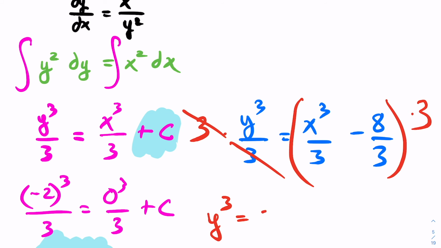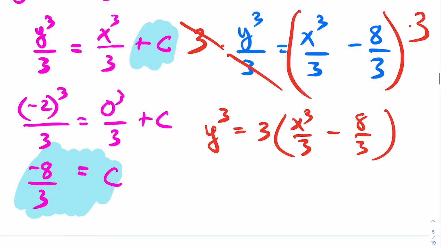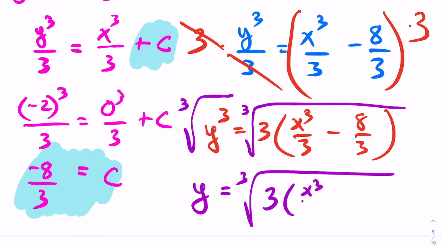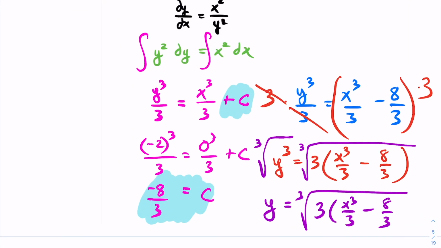So we then get 3 times the quantity of x cubed over 3 minus 8/3. Remember that you should not simplify here, okay? To get rid of cubed, we're going to cube root. Okay, so y will equal the cube root of 3 times x cubed over 3 minus 8/3. And that's it.